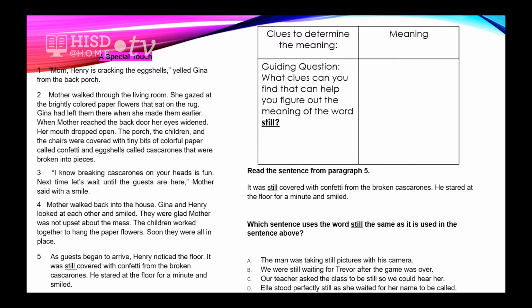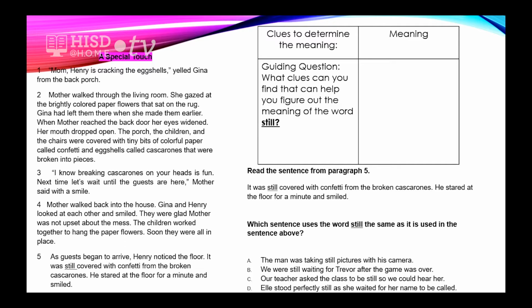The porch, the children, and the chairs were covered with tiny bits of colorful paper called confetti and eggshells called cascarones that were broken into pieces. I know breaking cascarones on your head is fun. Next time, let's wait until the guests are here, Mother said with a smile.